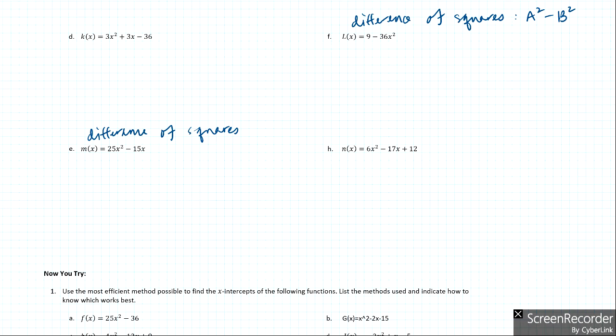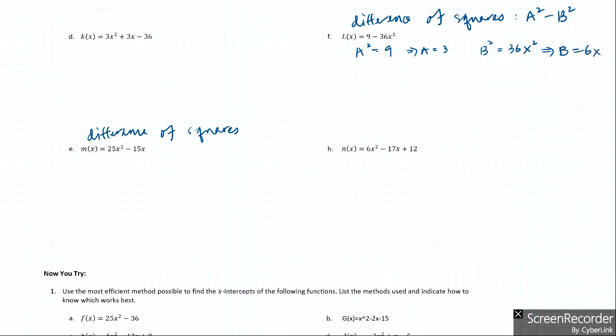And here that means our first term needs to be a squared, so if a squared equals 9, that means a equals 3. And similarly, if b squared equals 36x squared, to find b, I can take the square root of both sides, and the square root of 36 becomes 6, the square root of x squared becomes x.